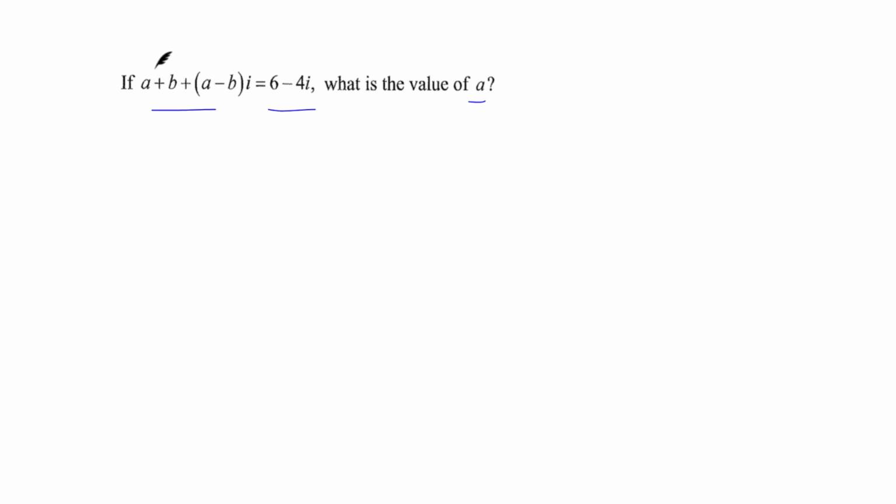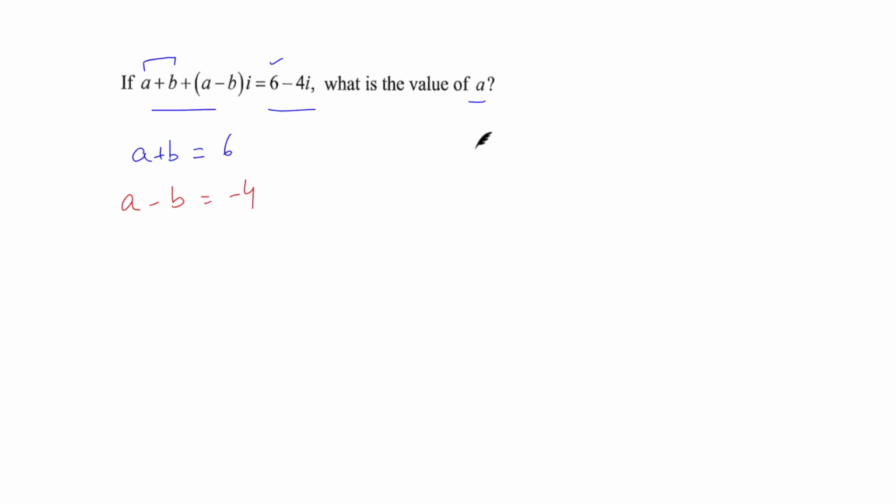So the real numbers, which are a plus b on the left hand side, should be equal to the real number on the right hand side, which is 6. And the imaginary parts should be equal to the imaginary parts. That's it. So we have a plus b on the left hand side. This should be equal to 6, which is on the right hand side. Similarly, the second equation should be a minus b equals minus 4.